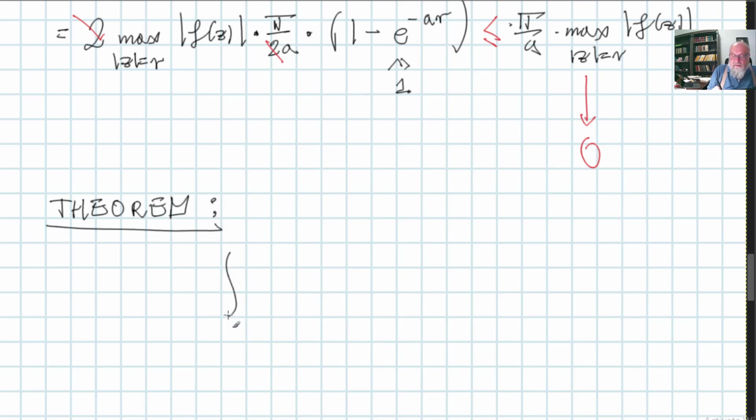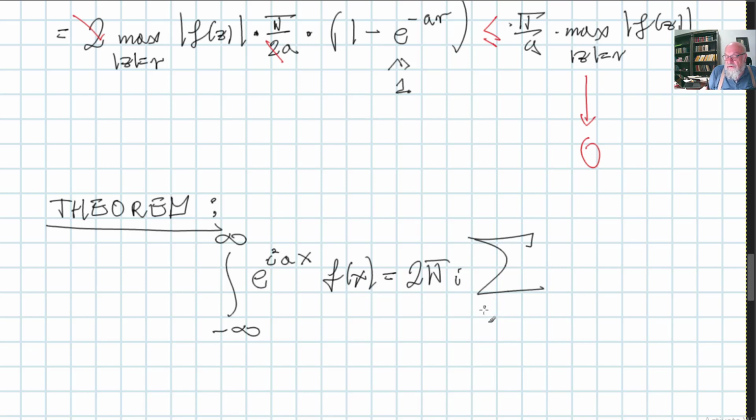And just write the formula: the integral from minus infinity to infinity of e to the i a x times f of x is equal to pi i times the sum of the residues for imaginary part of zk larger than 0, and this will be the residue of e to the i a z.